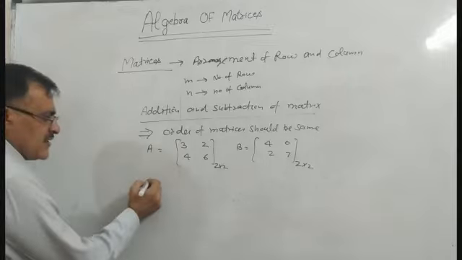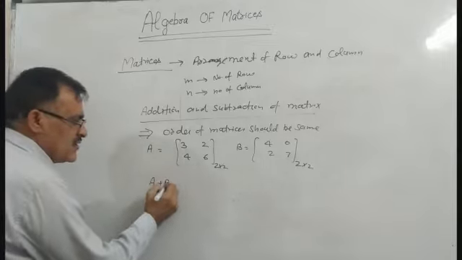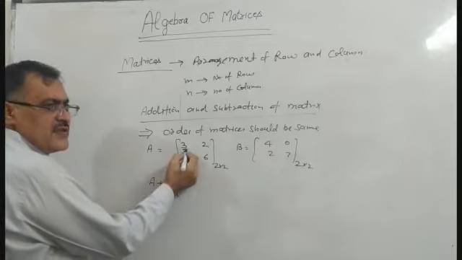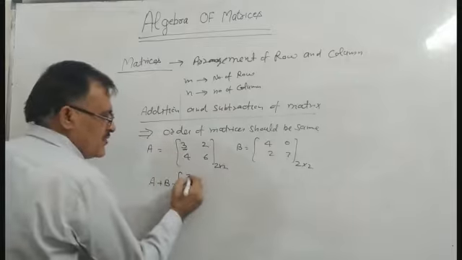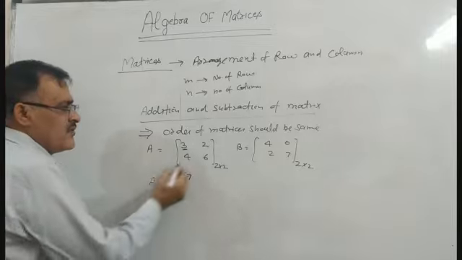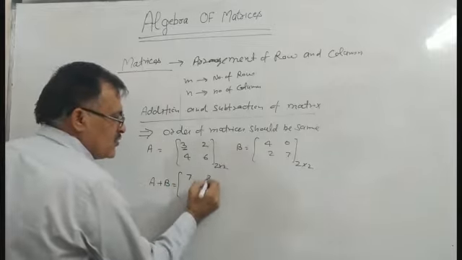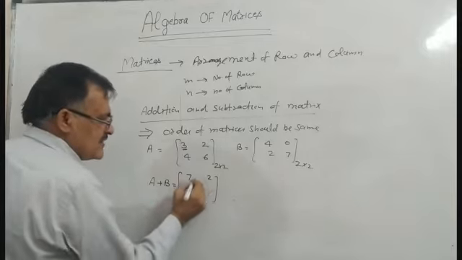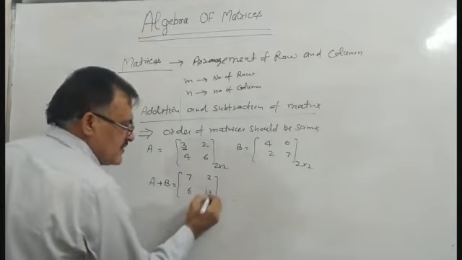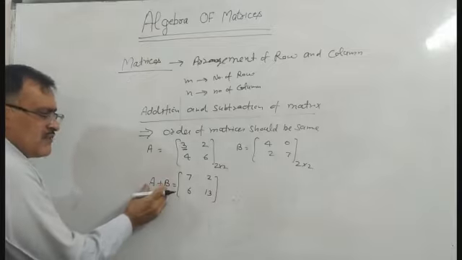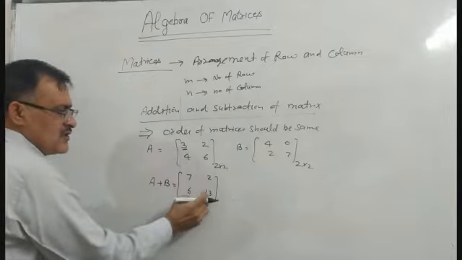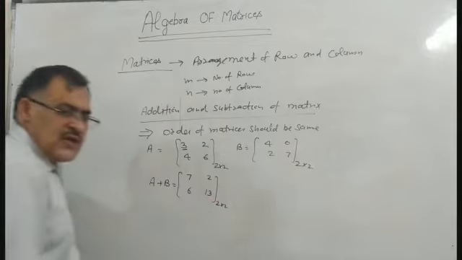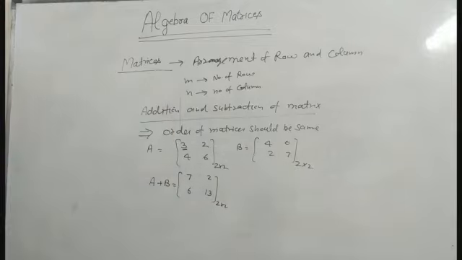Now I am adding A plus B. This is 3, this is 4: 3 and 4 is 7. 2 plus 0 is 2. 4 and 2 is 6. 6 and 7 is 13. So the sum of A plus B is 7, 2, 6, 13. And the order of this is also 2 into 2. There is no difference in the order.